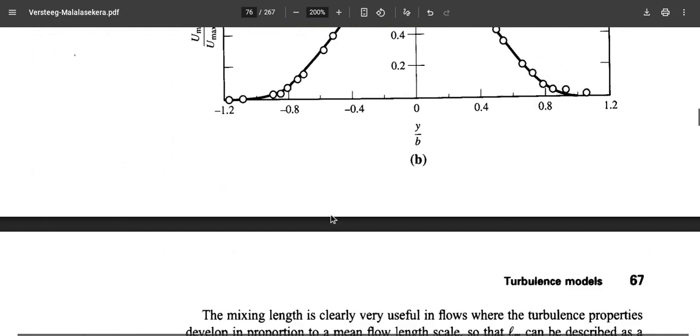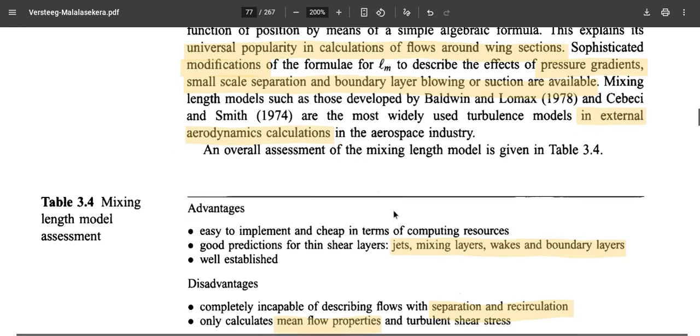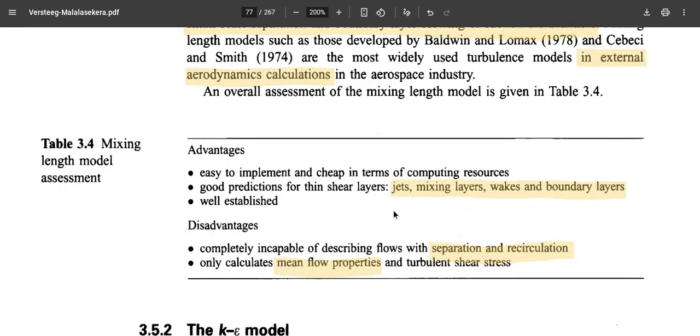Using this empirical analysis, we can identify the value of Lm that closes the Reynolds stress equations using the constitutive relation between the Reynolds stress and the flow shear rate. So these are the advantages and disadvantages of using the mixing length model. One thing is that it gives good predictions for particular flows.